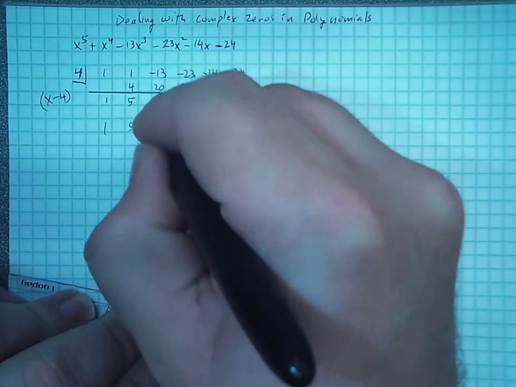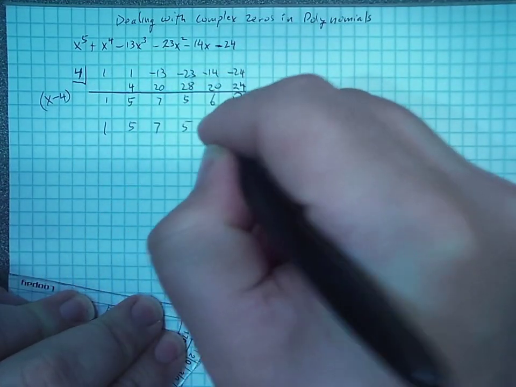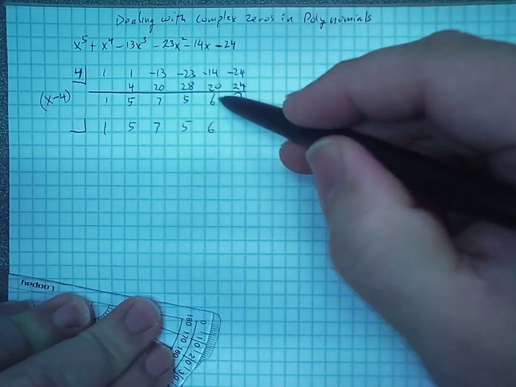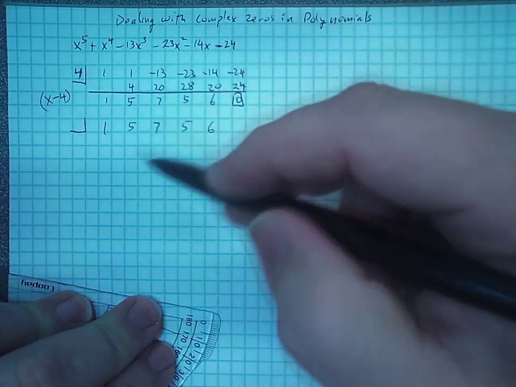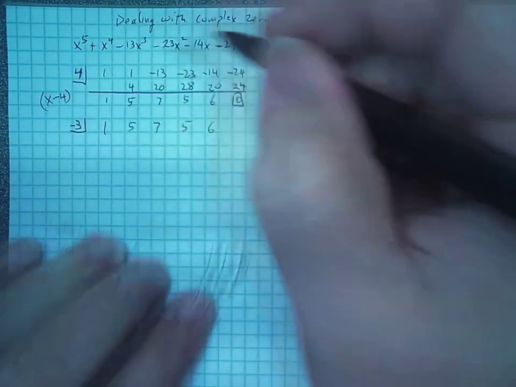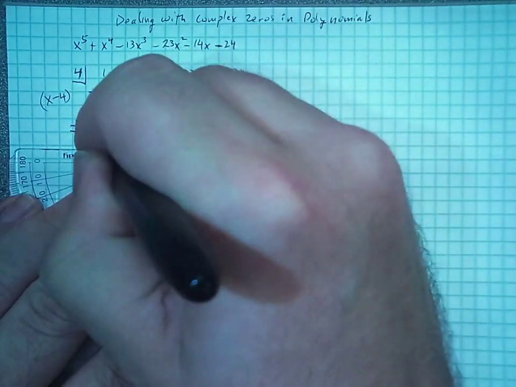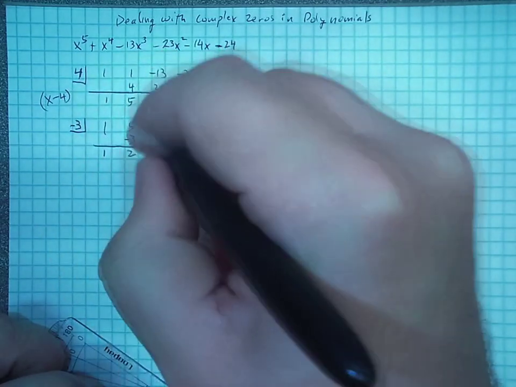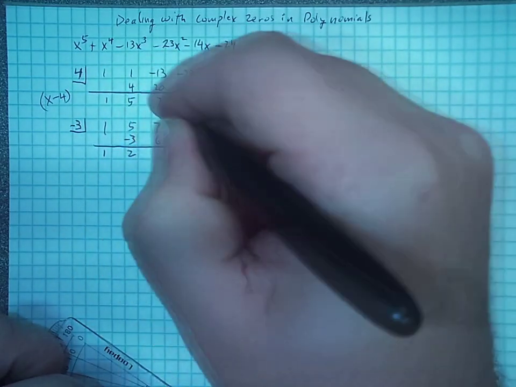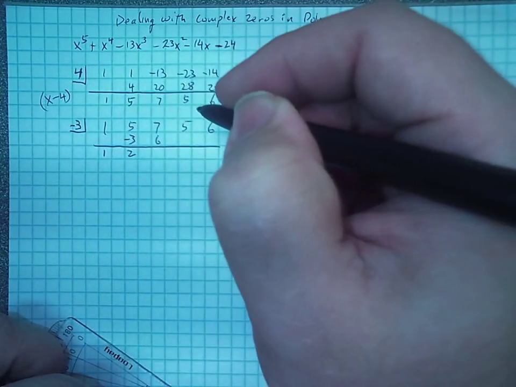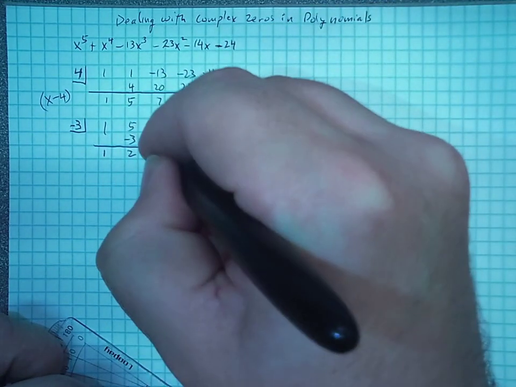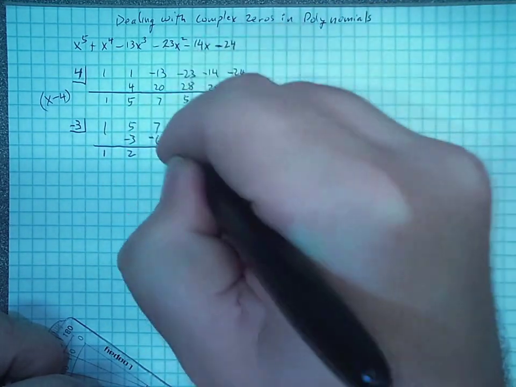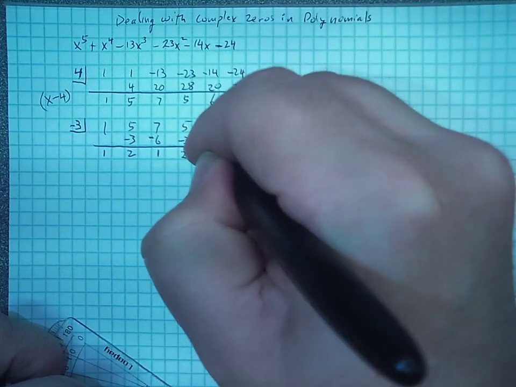So as I proceed, I'm going to use the quotient from my previous synthetic division, not the original polynomial. I'm breaking it down. I'm already expecting -3 to work, so I'll try it next. 1, -3, 2, -6, 1, -3, 2, -6, 0.